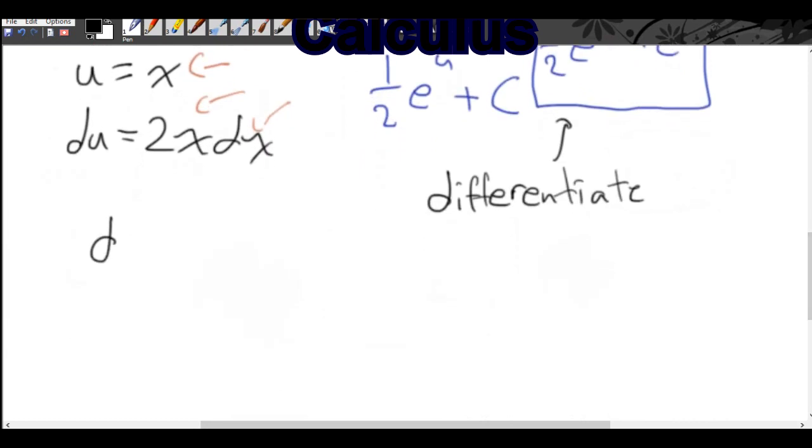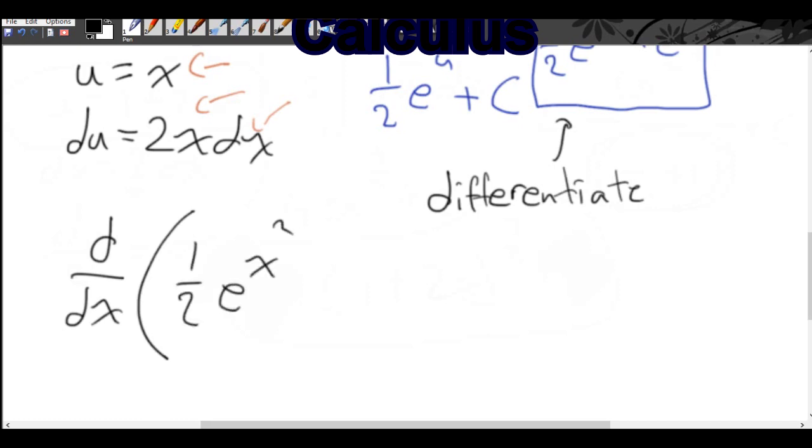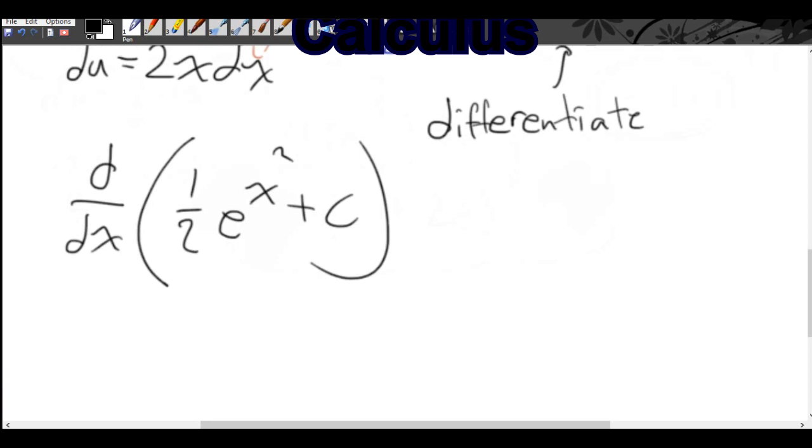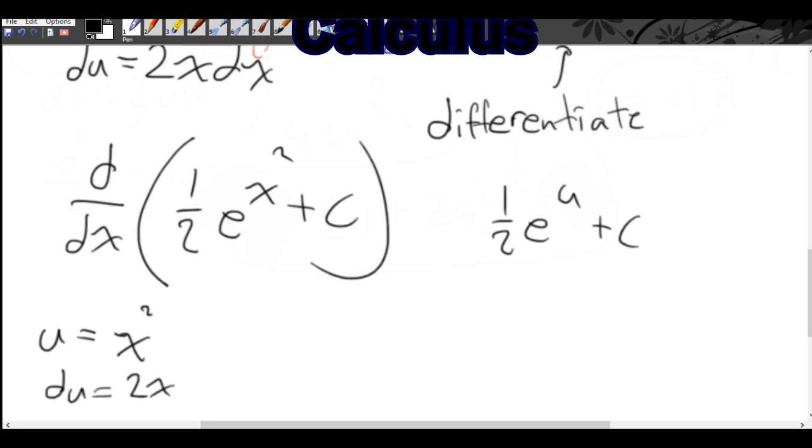What is the derivative of 1/2 times e to the x squared plus c? Note that we have to use our u substitution, where u is x squared, so it's going to be 1/2 e to the u plus c.